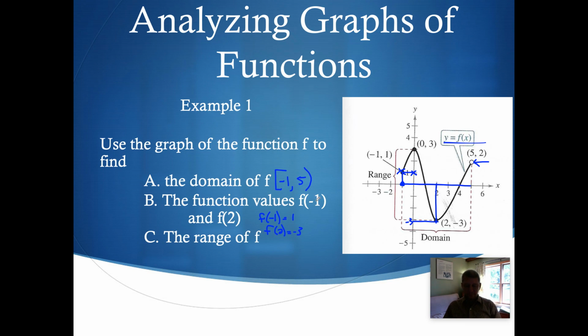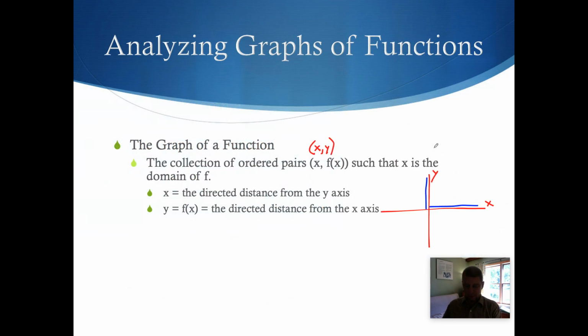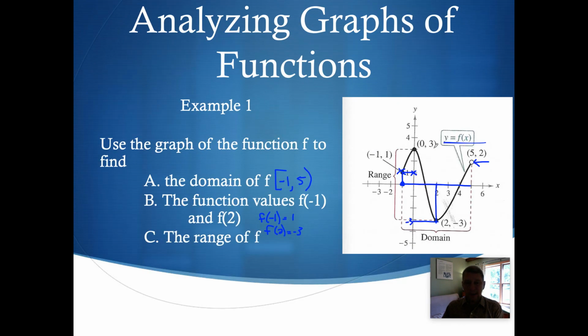Okay. And finally, the range here, all right, well, if we start at the lowest value here, the lowest point has a value of y equals negative 3. The highest value has a value of y equals positive 3.